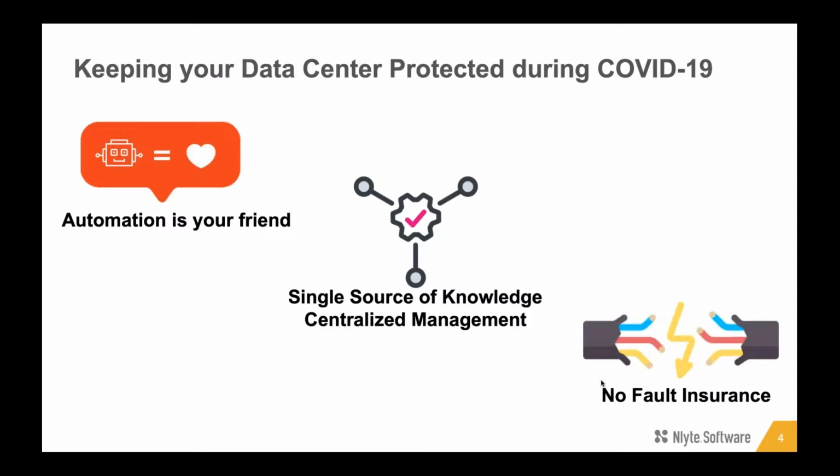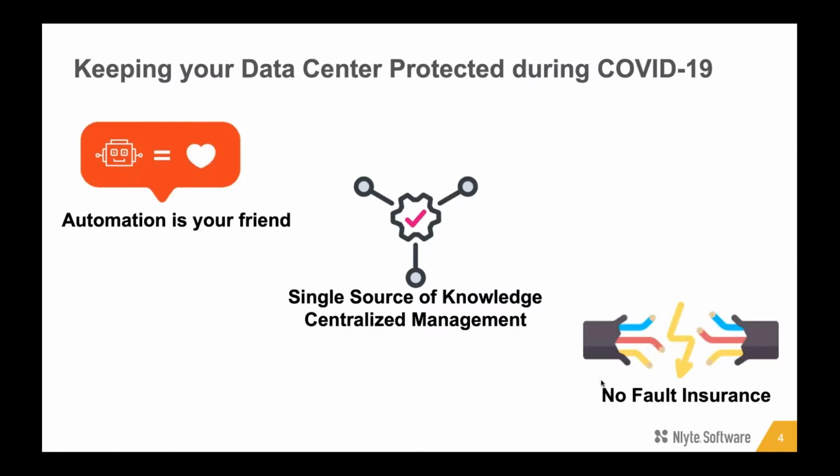But DCIM delivers some very important help now, such as automation of workflows and the audit trails that track the completion of each task, alarm management, and corresponding workflows. The automation of asset tracking and network mapping.